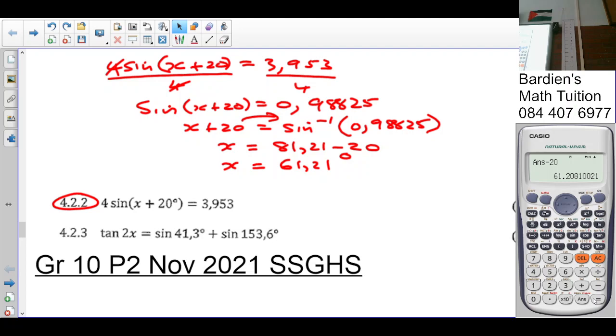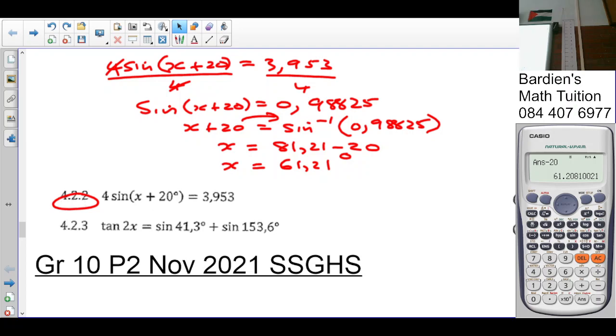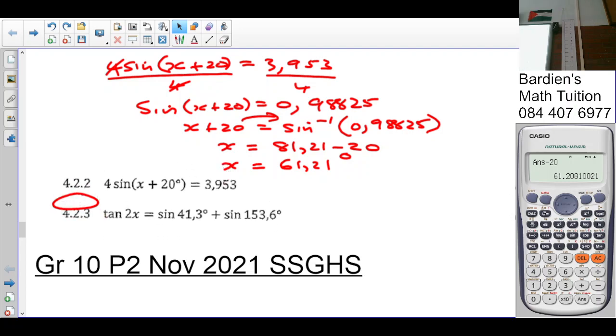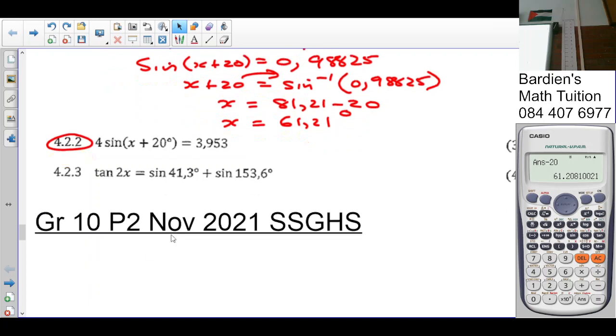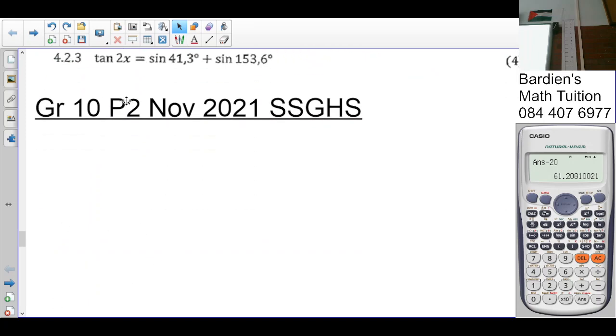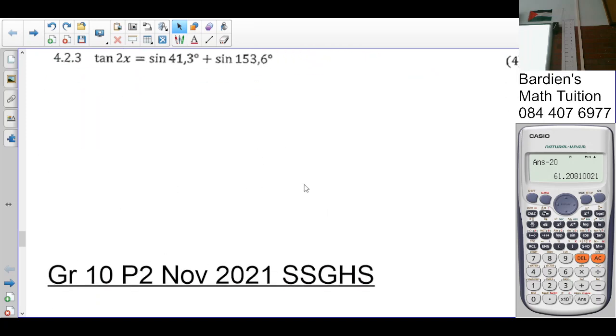Any confusion there? No? Look at the next one. We've got tan of 2x is equal to sine 41.3 plus sine 153.6. As you can see, we need to sort out our right hand side first. This can be worked out using a calculator.